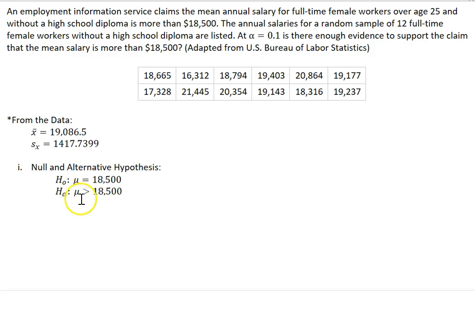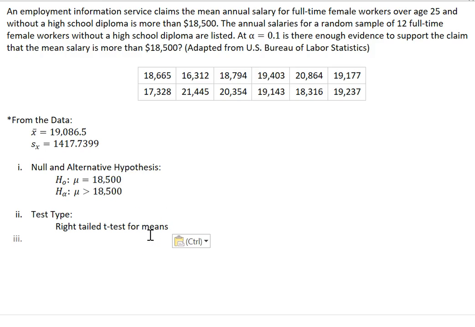I'm assuming that things are more than what's being stated, especially coming from my data. My data kind of supports that a little bit. So the type of test I'm going to be doing is, more than means a right-tailed t-test of means. Okay, a right-tailed t-test for means is the type of test I'll be conducting.